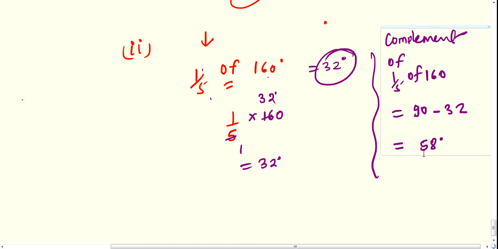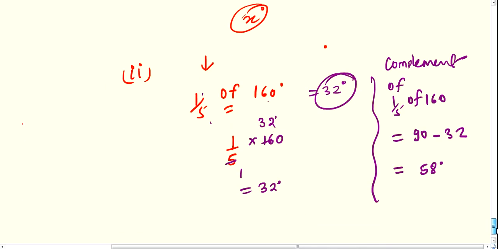So in this way you can solve question number 2. Then question number 3 is find the supplement of 50% of 120, then 1/3 of 150 degree, 60% of 100 degree, 3/4 of 160 degree. There is only difference between complement and supplement. The same you have to solve.